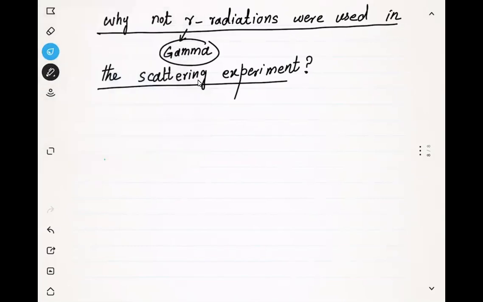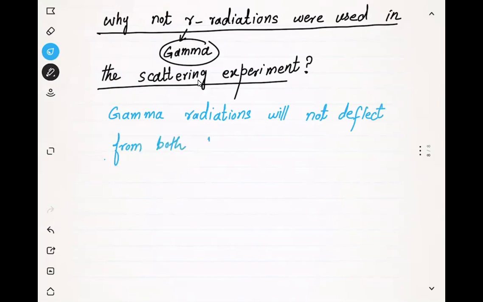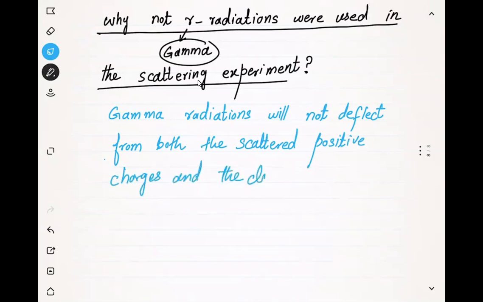The problem was gamma radiations will not deflect from both the scattered positive charges and the clusters of positive charges.